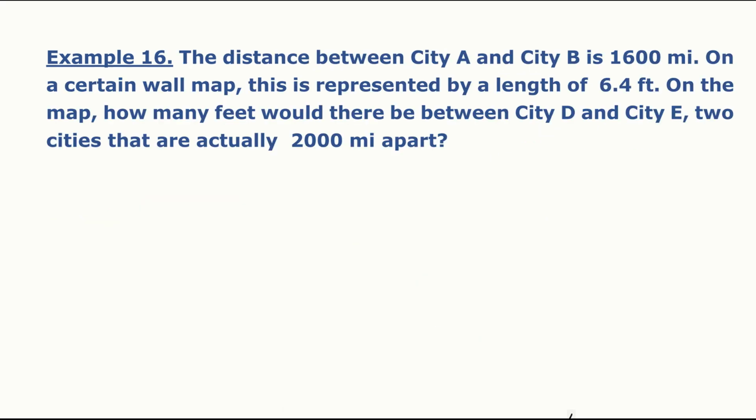So here we're going to be solving an application of proportions. The distance between city A and city B is 1600 miles on a certain wall map. This is represented by 6.4 feet. On the map, how many feet would there be between city D and city E, two cities that are 2000 miles apart? So we set up a proportion in such a manner.